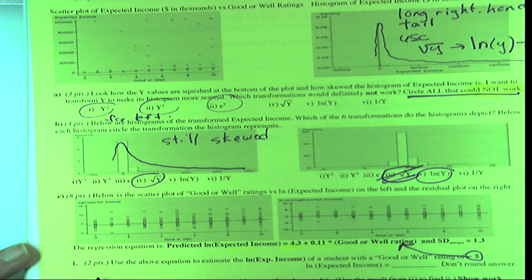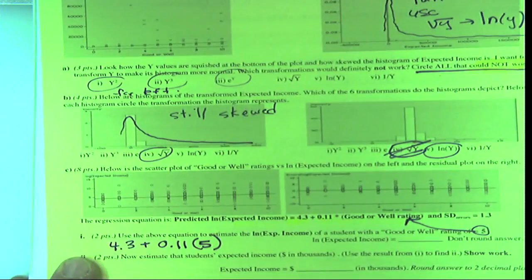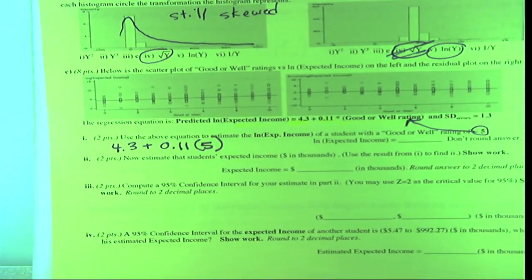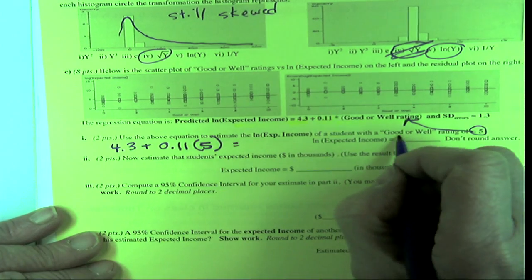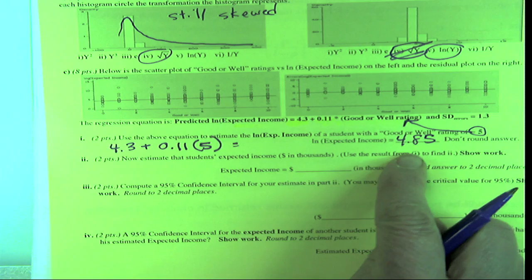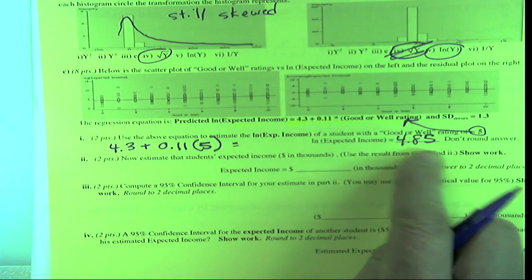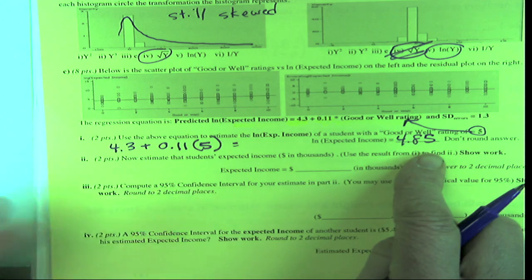So the predicted log of the income is 4.3 plus 0.11 times 5, and that is equal to 4.85 as a log. But how much money do they want? You can say their log expected income is that, but now we just want to know how many dollars that is.